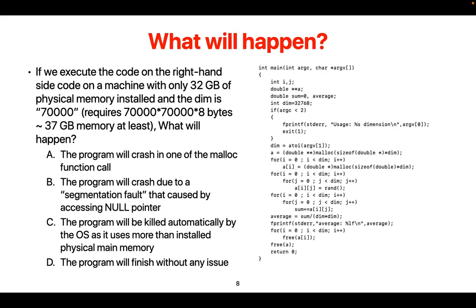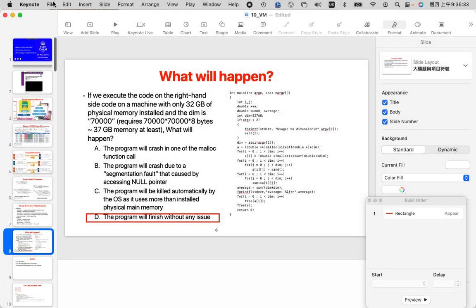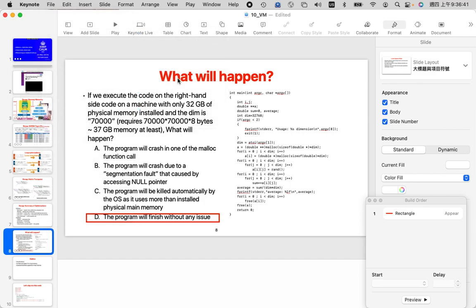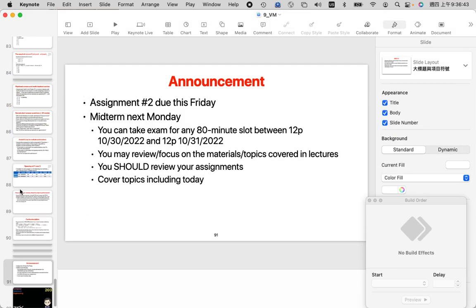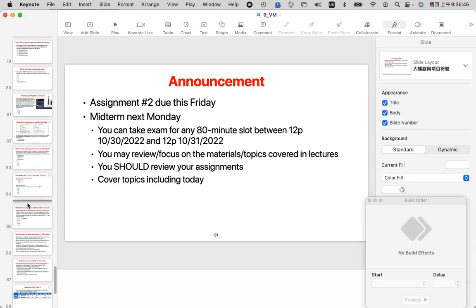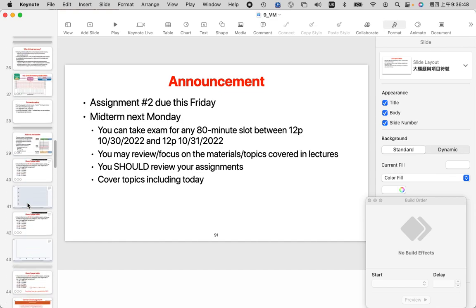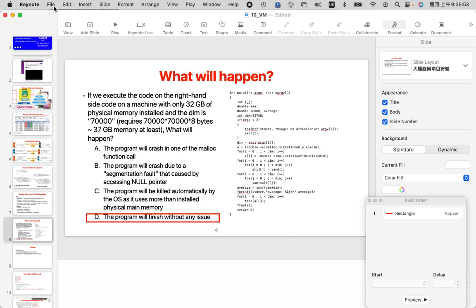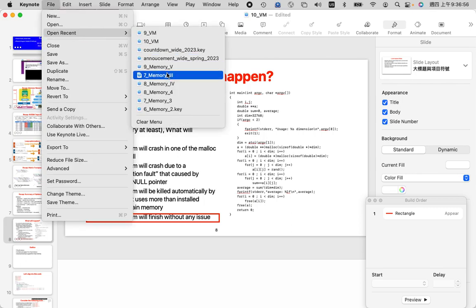And the last discussion is this one, right? What will happen? So, looks like we need a demo to talk about this. But before the demo, I figured out that I missed one slide. Let me grab that slide. Where's that? Shoot.